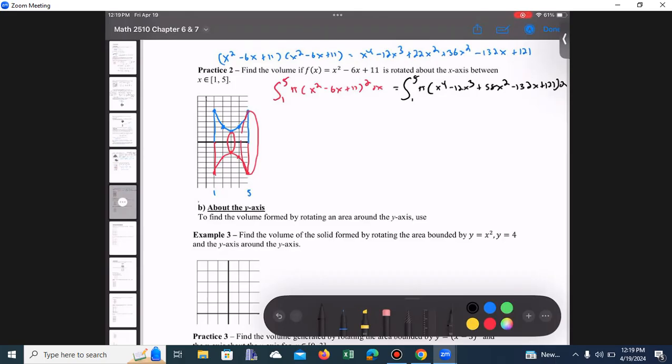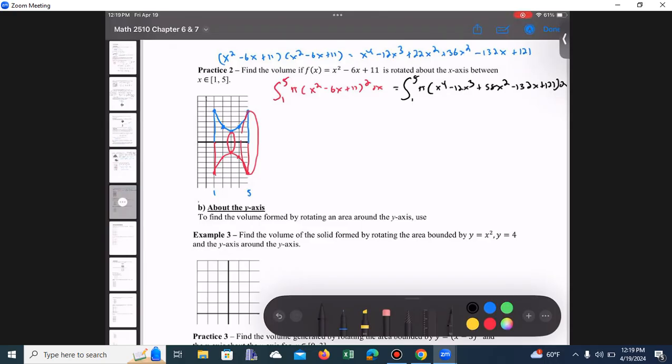And then negative 6x times negative 6x is 36x squared. And then negative 6x times 11 is a negative 66x. And then you'll have 11 times x squared is another 11x squared. That's where we get the 22. 11 times negative 6 is another negative 6x. That's where we get the 132. And then 11 times 11 is 121. Okay, so yeah, that should be positive 58.